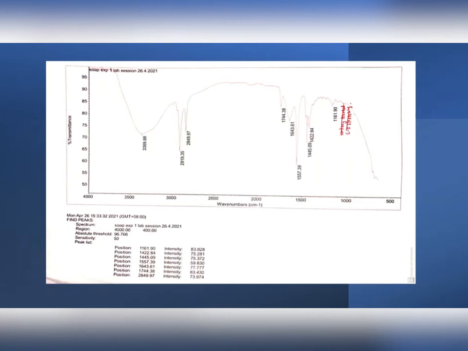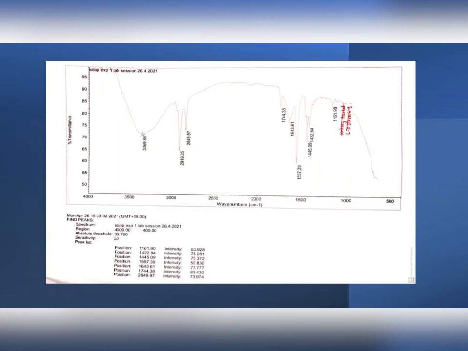How to interpret the IR spectrum? First, we locate the fingerprint region, and then we check the peaks other than the fingerprint region.